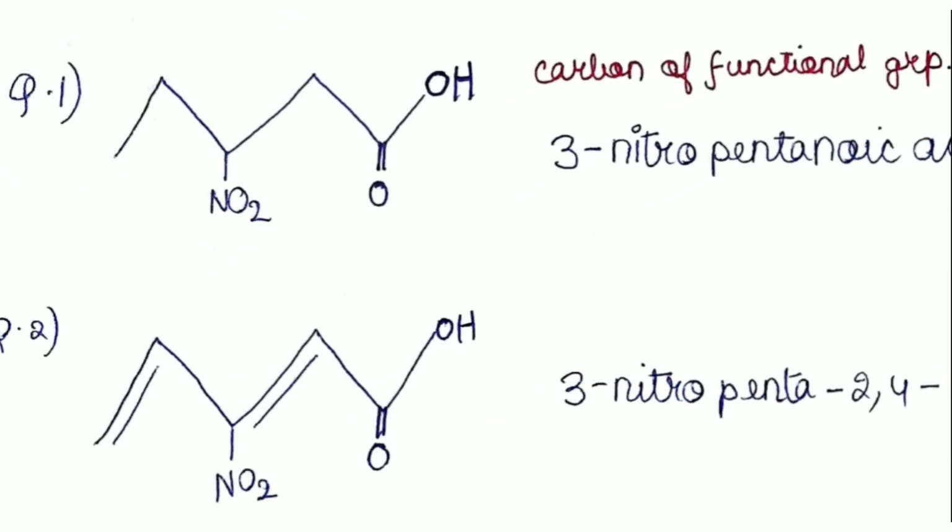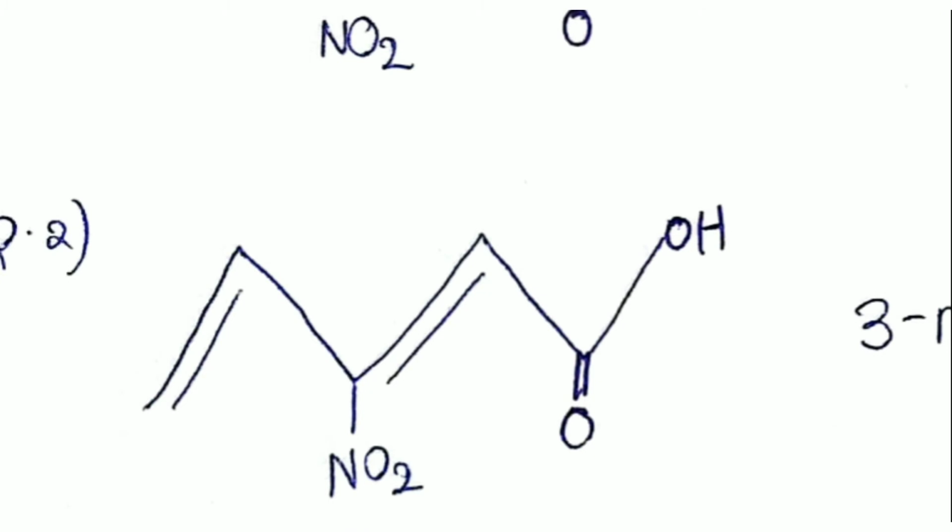Here we have another compound in which we have a 1, 2, 3, 4, 5 carbon chain, in which we can see that there are 2 double bonds and there's a nitro group, and the carboxylic acid is of course the main functional group. We'll give this number 1 locant because it's the carbon of the functional group.